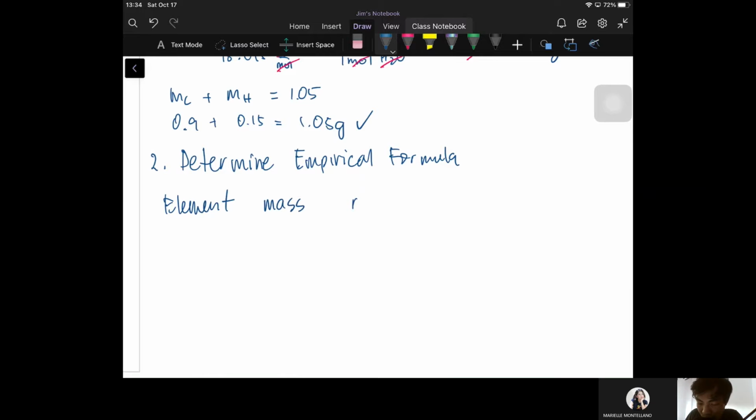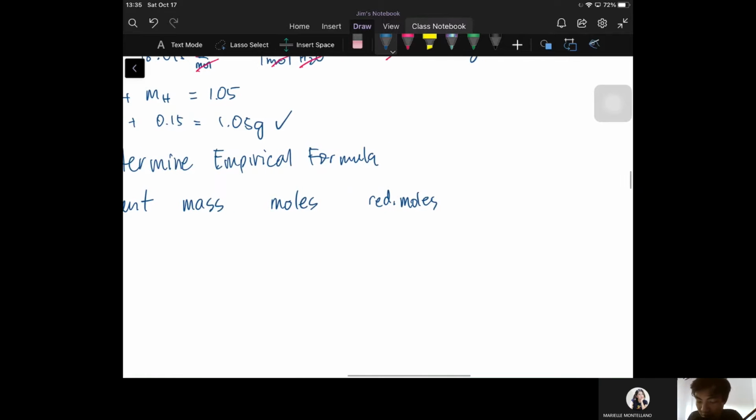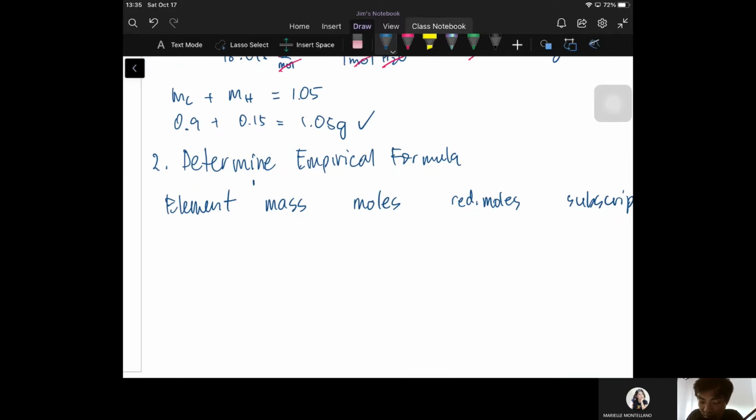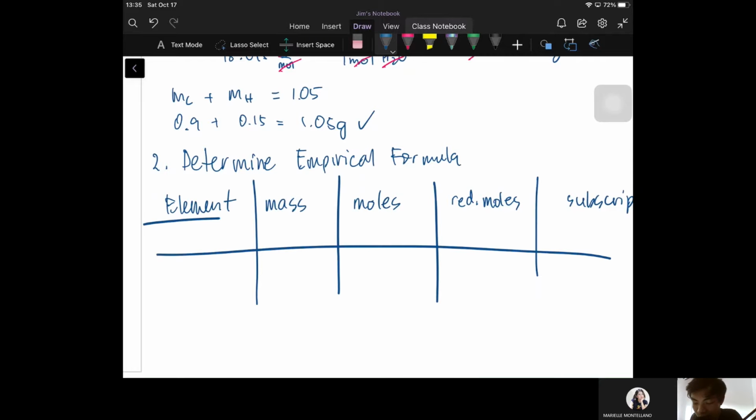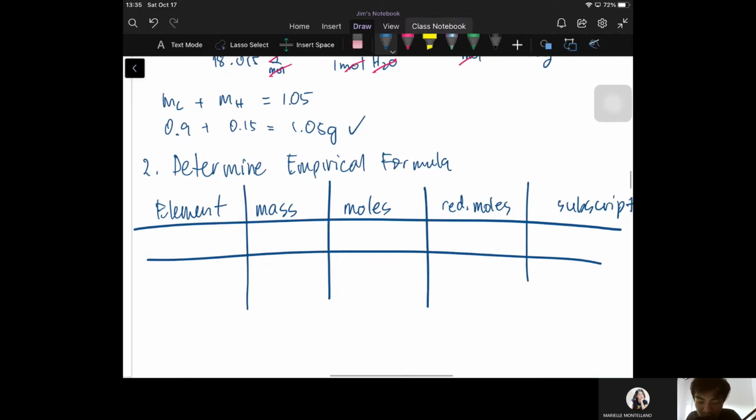Then yung mass, convert mo to moles. Yung moles, convert mo to reduced moles. Red mole na lang. Reduced moles. Then your subscript. Ayan, nadagdagan lang tayo ng steps na. Okay, so let's do this. No?